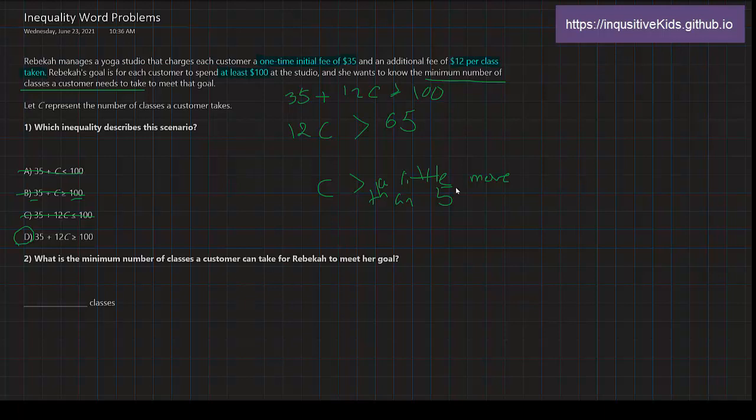If C is equal to 6, we'll have 35 plus 6 times 12, which is equal to 6 times 12 is 72, plus 35, that's 107. So $7 more, but it's good enough. They'll need to take 6 classes.